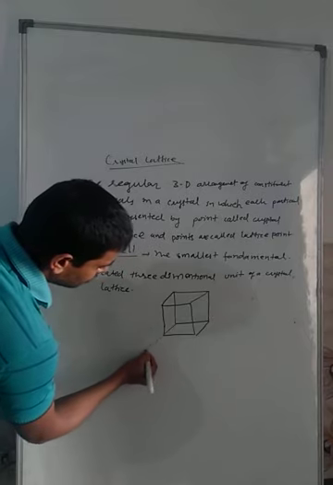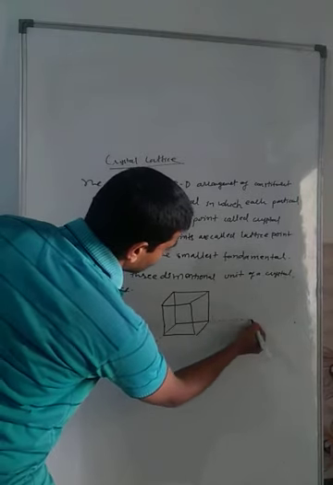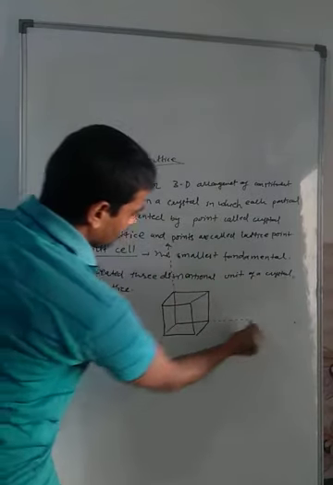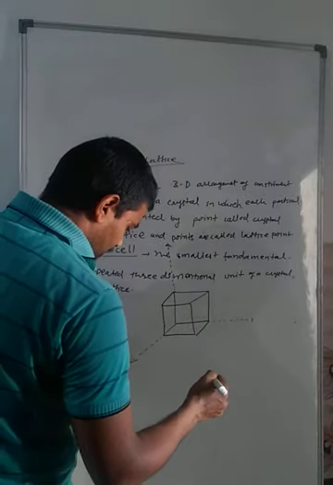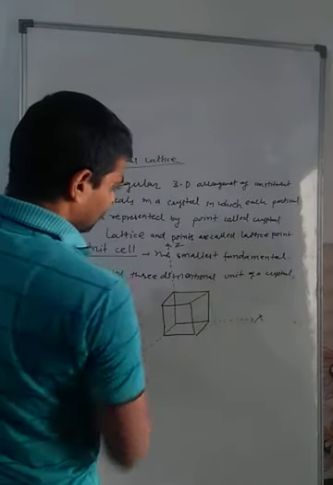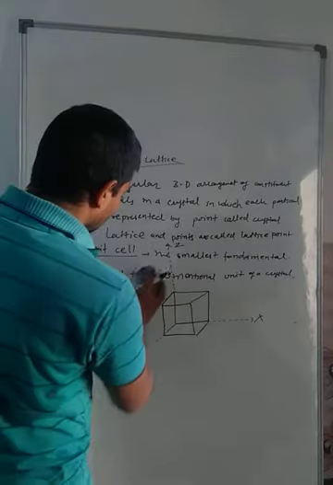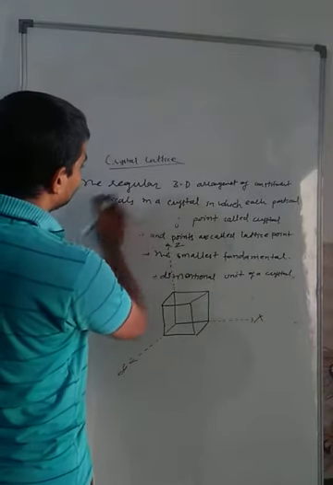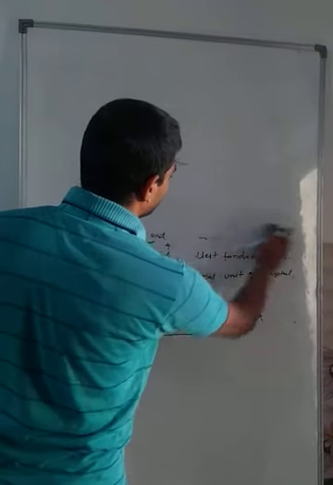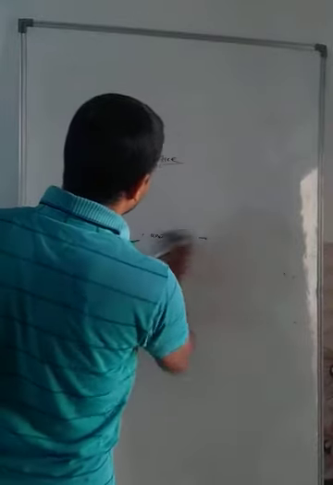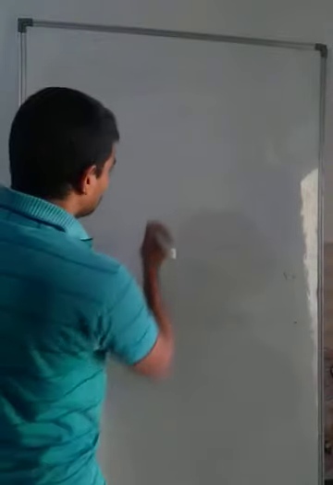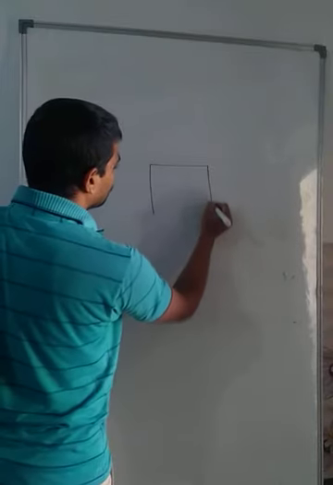Now if we extend this such that we have three axes, x, y and z, we are going to discuss the crystal lattice parameters, the characteristics of a unit cell. So first again we have to draw a unit cell.